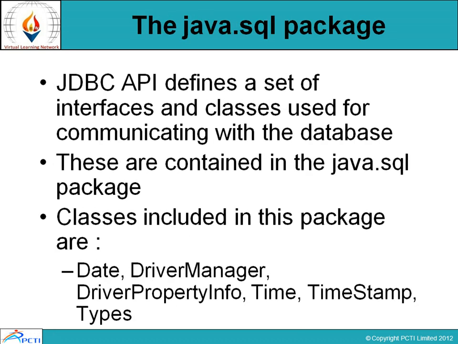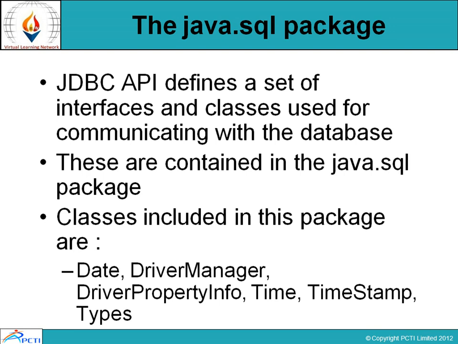Now we have the Java SQL package. The JDBC API defines a set of interfaces and classes used for communicating with the database. JDBC APIs have different interfaces and classes through which we can communicate with any database. These are contained in the Java SQL package.